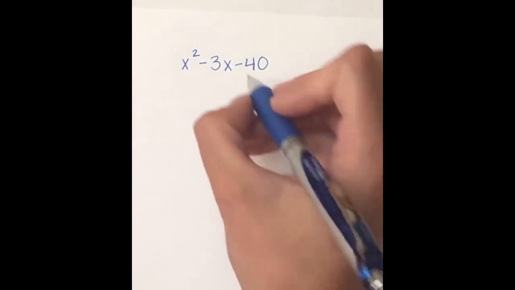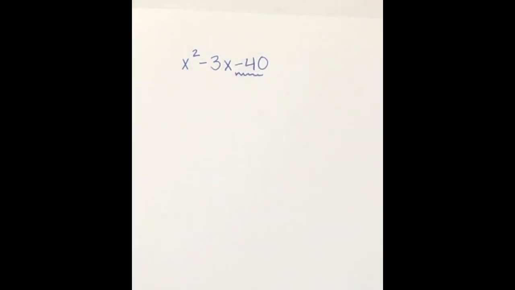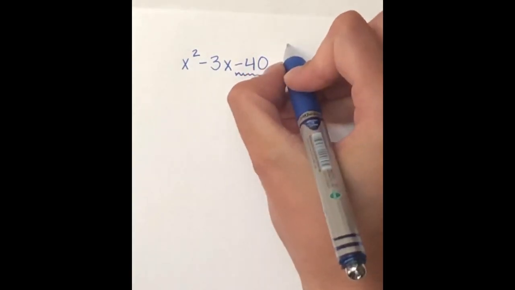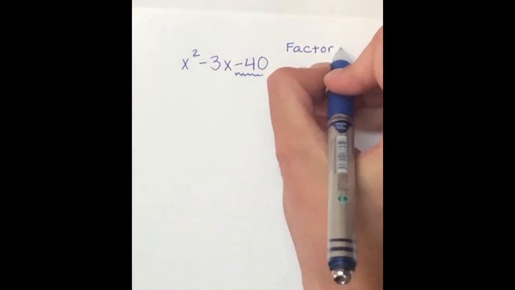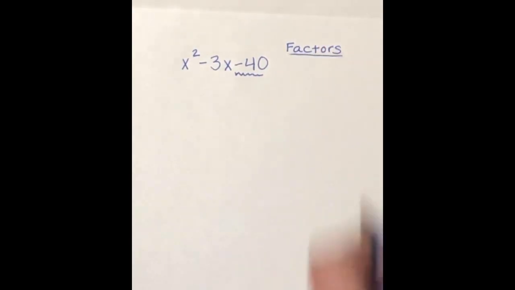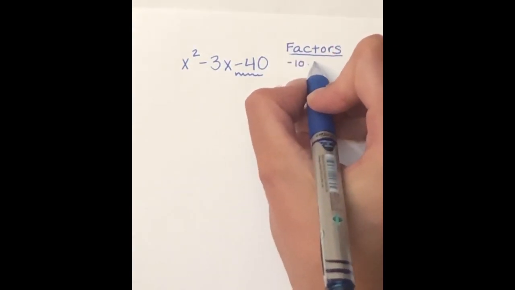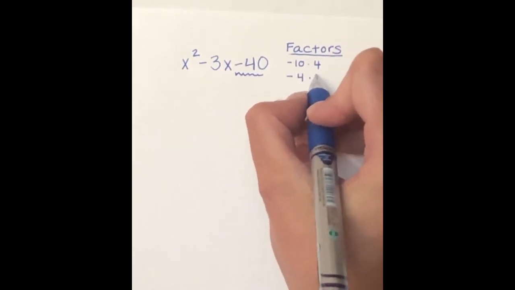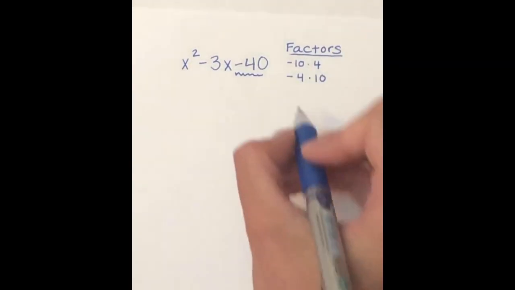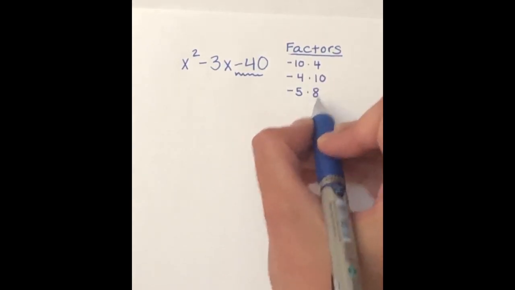We're going to take a look at negative 40, my constant term on the end. I'm going to list the factors of negative 40. Well, we have negative 10 times 4. We have negative 4 times 10. We have negative 5 times 8.